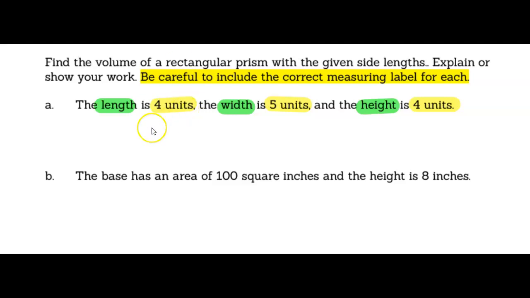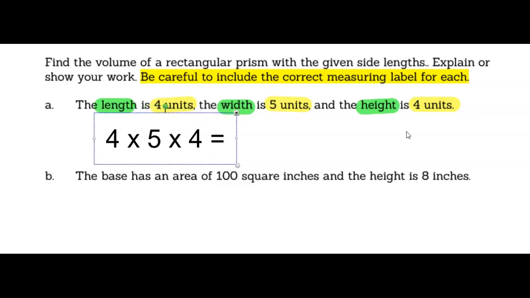So when you take a look at this and you want to create something that looks like a mathematical sentence, you could take the 4 times the 5 times the 4. You can do that because of the commutative and associative properties across multiplication. You can do that in any order that makes sense to you.